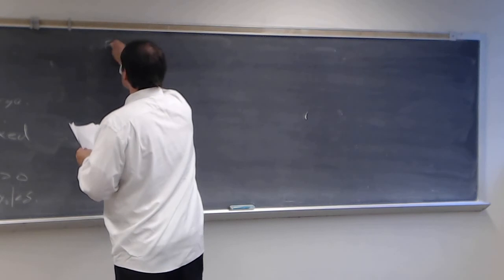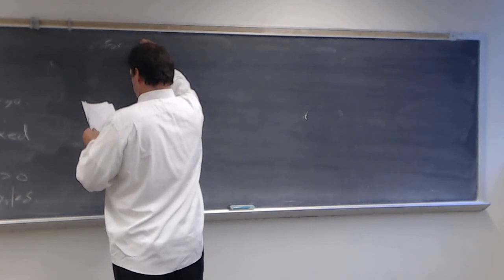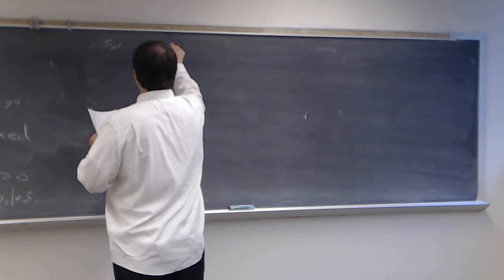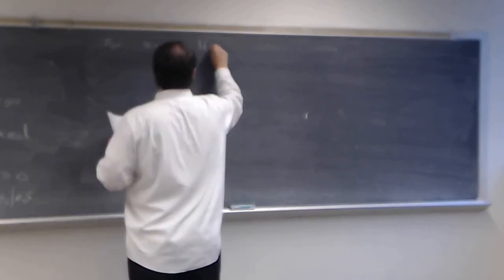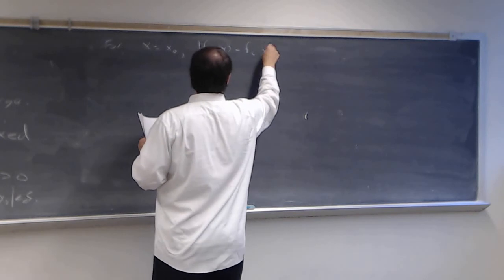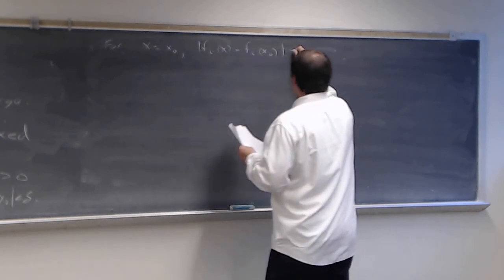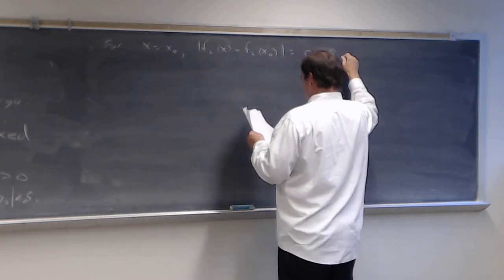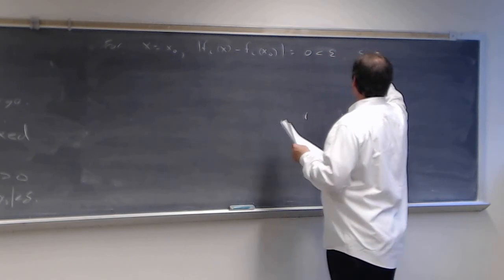For x equal to x naught, f sub i of x minus f sub i of x naught is going to be equal to 0, which is definitely less than epsilon. So any delta will work.